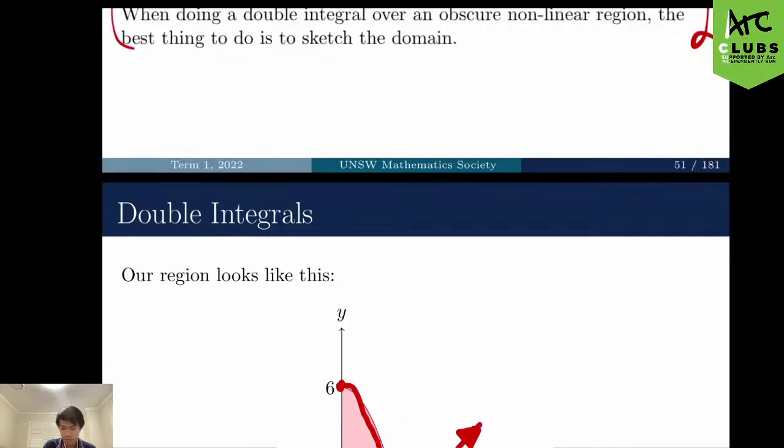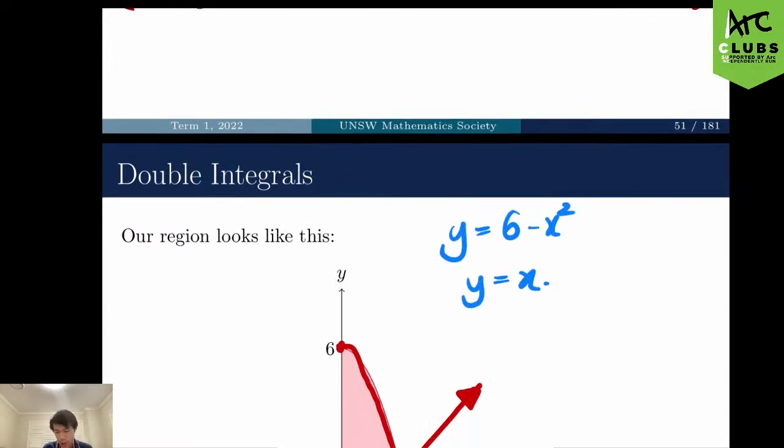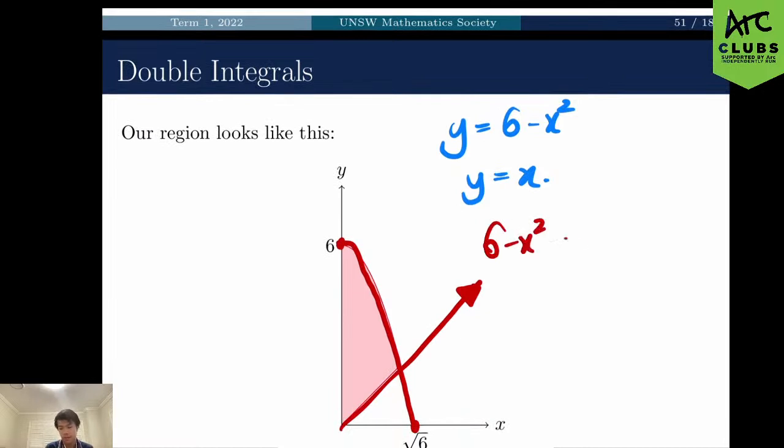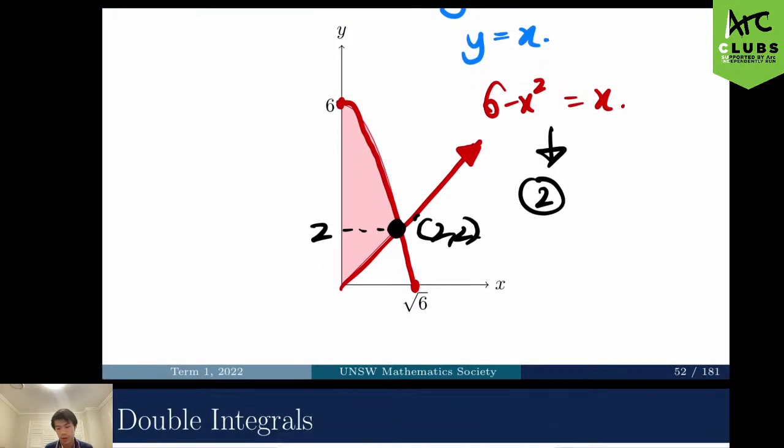Let's draw it out. y equals 6 minus x squared, y equals x. So that means that 6 minus x squared equals x. I'm just solving that. I won't go into it, but you know the answer has to be 2 here. Okay, this is the region over which we're integrating.